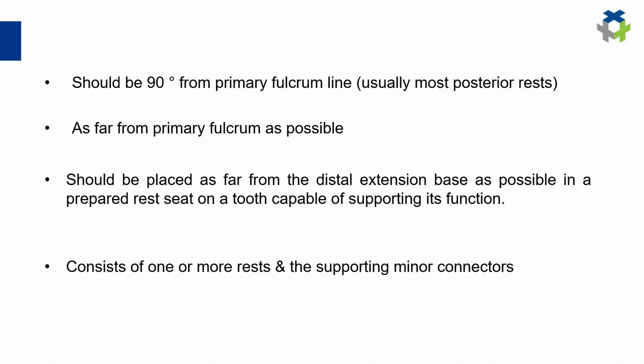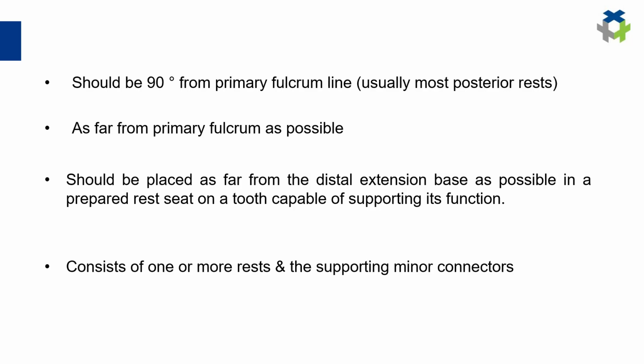So what are the requirements of an indirect retainer? The indirect retainer should be 90° away from the primary fulcrum line, that is, as far as possible from the fulcrum line. It should be placed as far from the distal extension base as possible, on a tooth which is capable of supporting its function, usually a canine or a premolar.